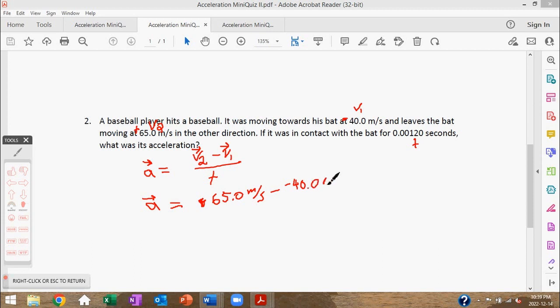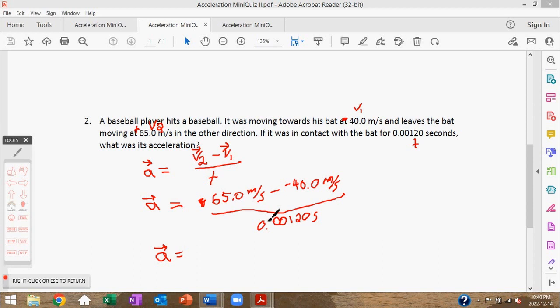And if we think back to like grade 7 math, when you first learned a little bit about integers, you're going to hopefully recall that minus a negative means we're really just adding it. And so this is going to be divided by 0.00120 seconds. Everything has 3 significant digits, so that's going to mean something when I come to my answer.